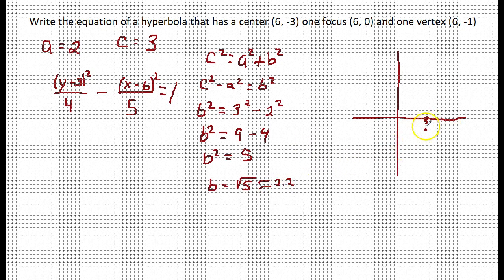We already moved up 2 for a, so we can move down 2 for the negative direction for a. There's my other vertex, and then down 1 more to get the other focal point.